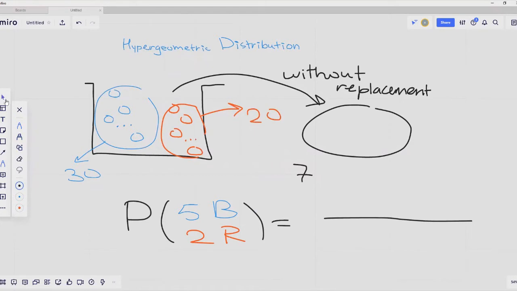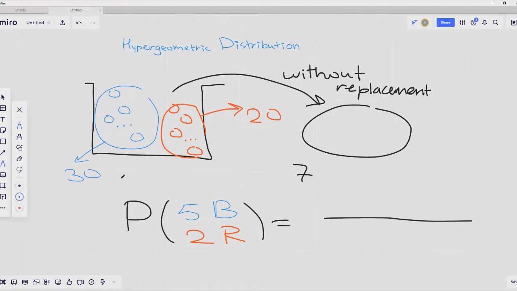Now, if we were drawing those 7 chips with replacement, then it would be a problem of binomial distribution. So the probability of drawing a blue chip from our urn here would always stay as 3 out of 5.